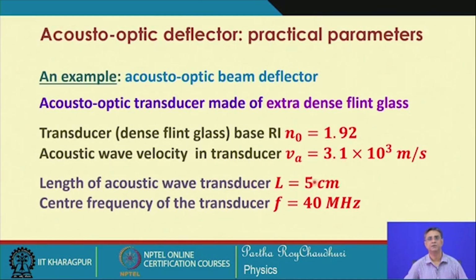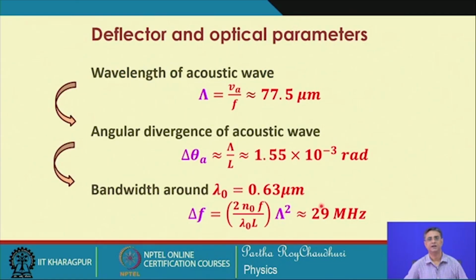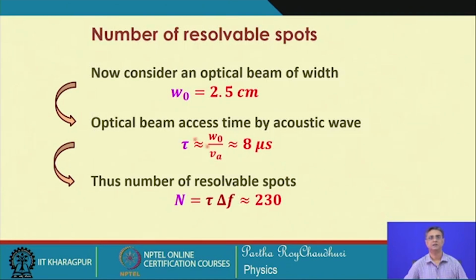So, you have an acoustic frequency of 40 megahertz, and the range of acoustic frequencies which can be used for the deflection of the optical beam is over this 29 megahertz.